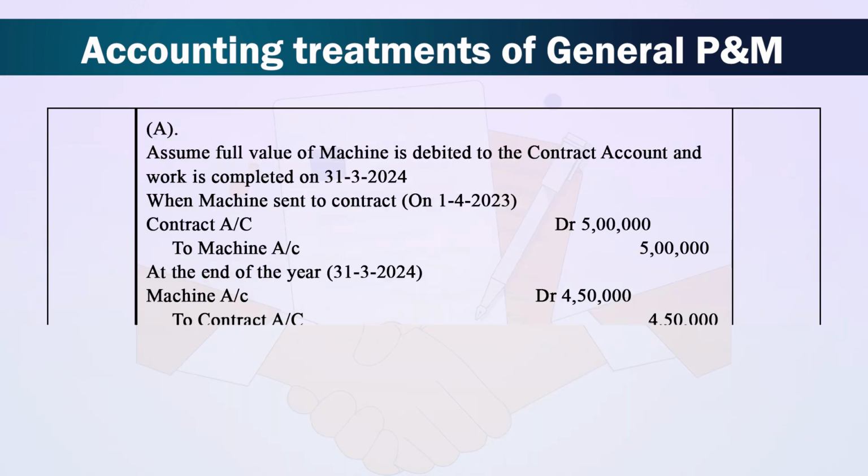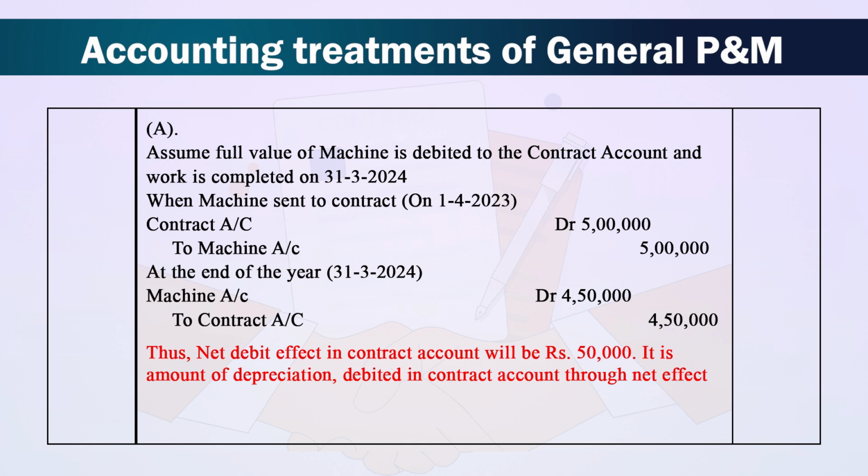We will understand the entries. First, assume that the full value of the machine is debited to the contract account and work is completed on 31st March 2024. When the machine is sent to the contract on 1st April 2023, the journal entry is contract account debit rupees 5 lakh to machine account rupees 5 lakh.